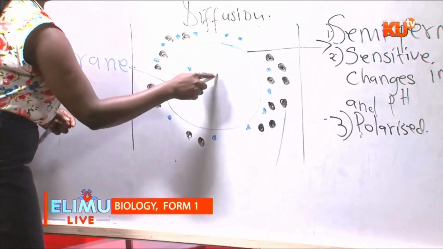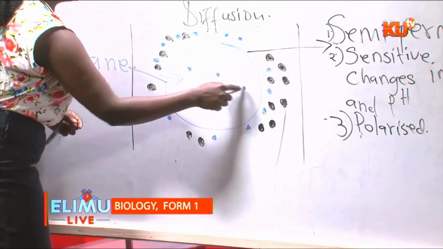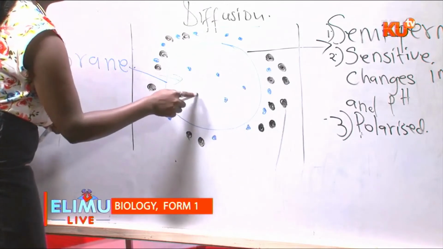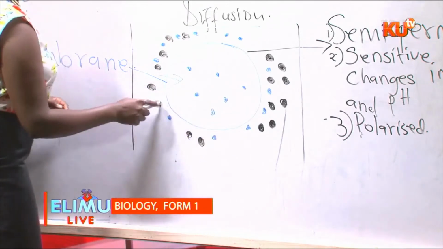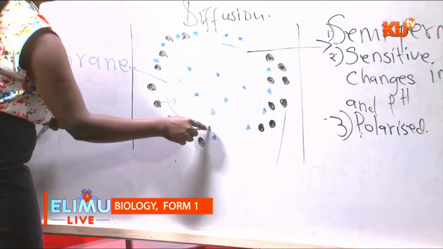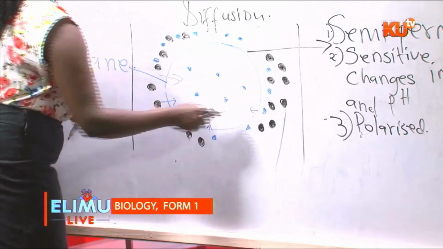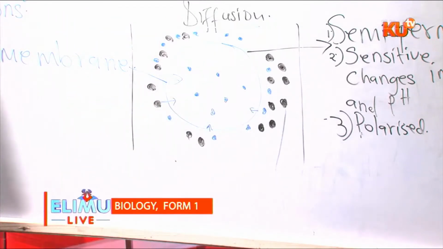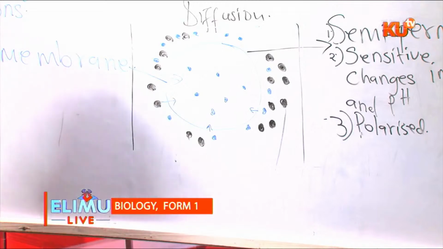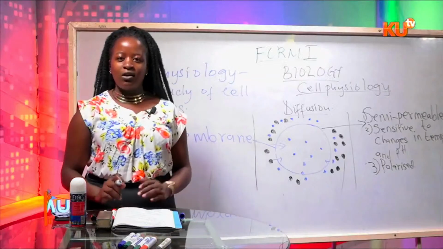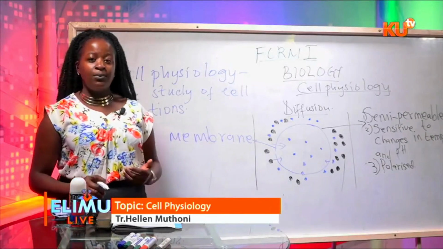So it will select the water molecules to pass through, but the big, large sugar molecules will not be able to pass through. And I hope we are together on the concept of being semi-permeable.